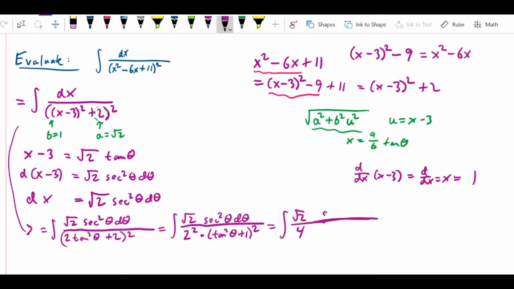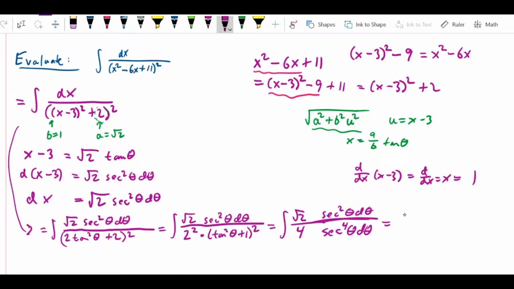And let's keep going. Secant squared theta d theta over tan squared theta plus 1 is secant squared. So when I square secant squared, I'm going to get secant to the 4th theta d theta.